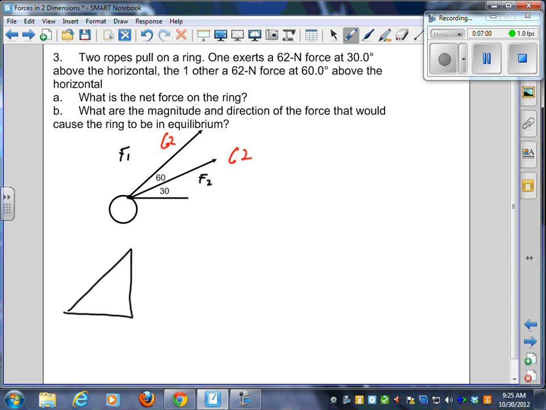Okay, this is the 60. Call this one F1, F1V, F1H. Let's do the V's first. So F1V is going to be 62. The vertical is opposite, so that's going to be 62 sine 60.